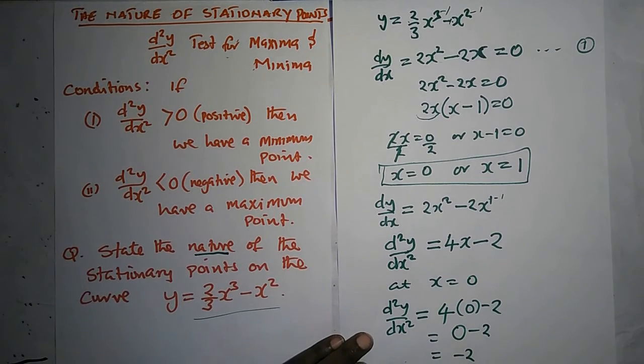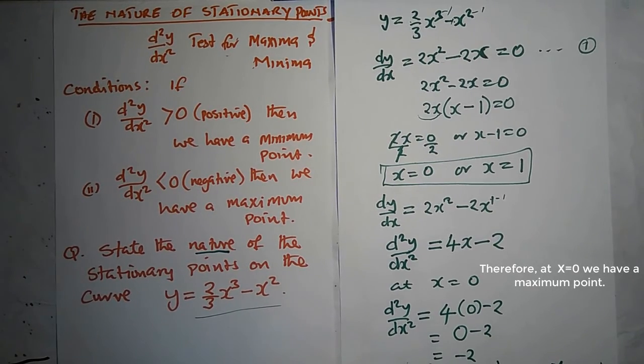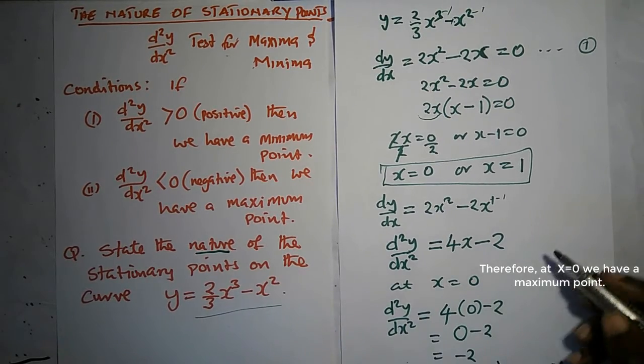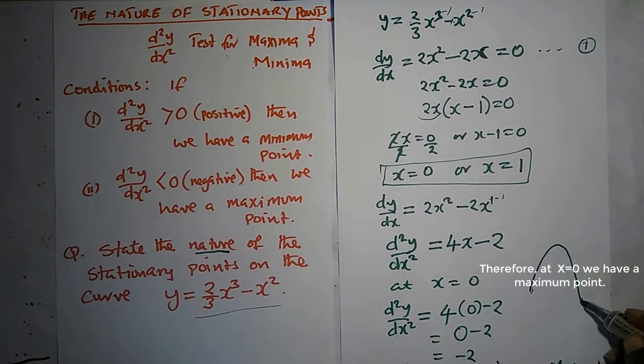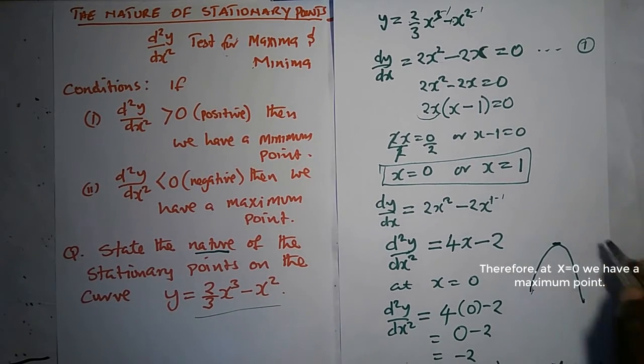Therefore, at x is equal to 0, we have a maximum point, meaning the curve goes up like this at x is equal to 0. It's somewhere here, a maximum point.